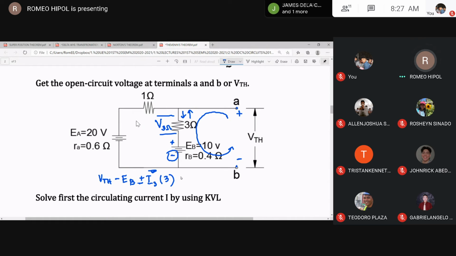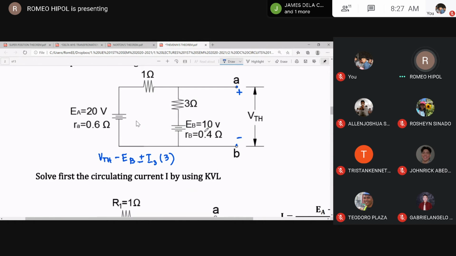So pinakamadaling gawin, sabi ko nga kanina, is to check the circuit connection. So check a closed loop and then find the current. So in this case, find the current flowing at 3 ohm. Same with the, kasi pwede rin tayo mag-KVL. This loop. Nakuha. Okay?